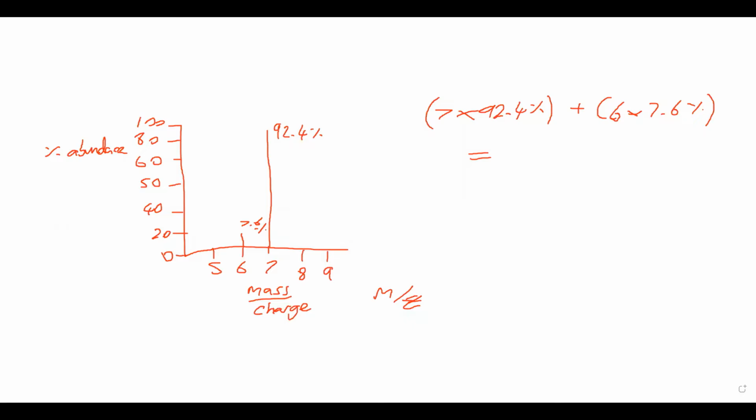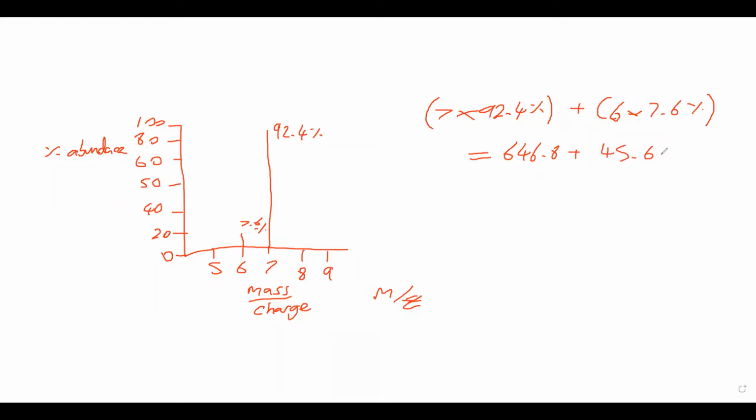So when we do this, just let me grab a calculator. So when we do this, we're going to get 646.8 added to 6 times 7.6, 45.6.